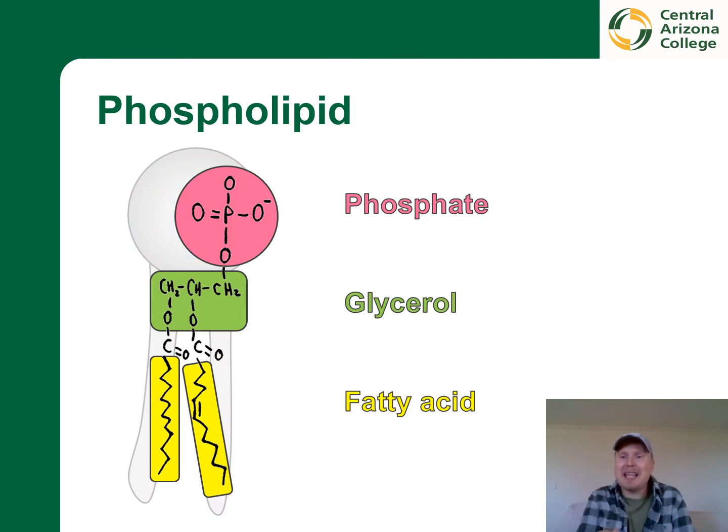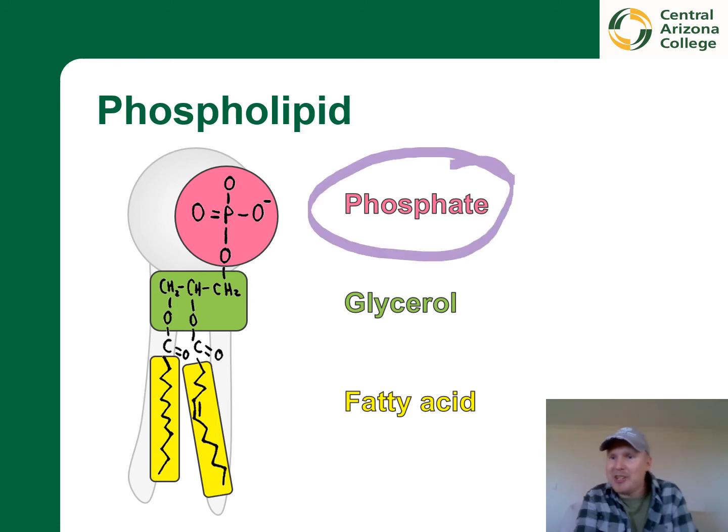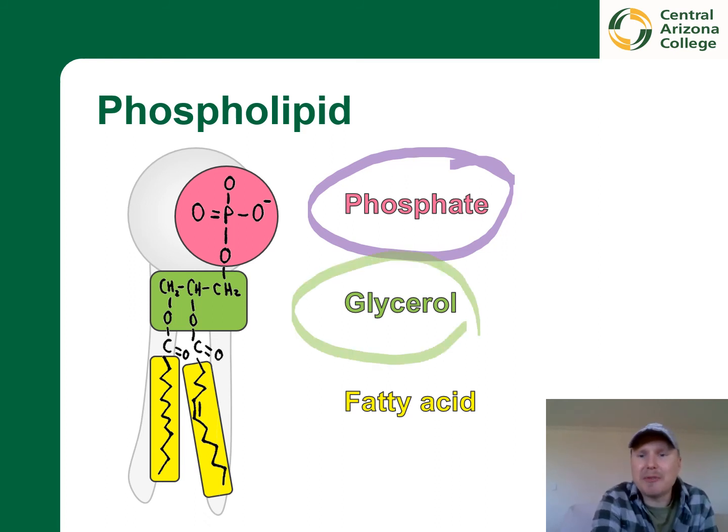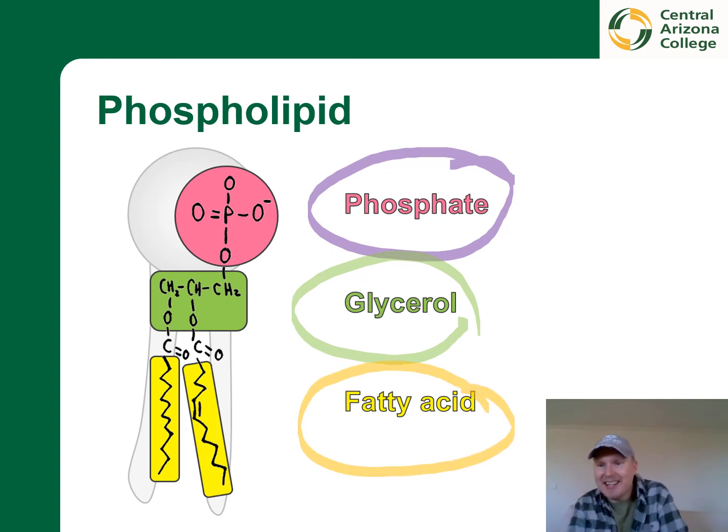So here is the chemical structure of a single phospholipid. And here we see that it is made of a phosphate group, which forms the head part of the phospholipid, and a glycerol molecule, which is technically still considered part of the head, and two fatty acid chains. These make up the tails of a phospholipid.